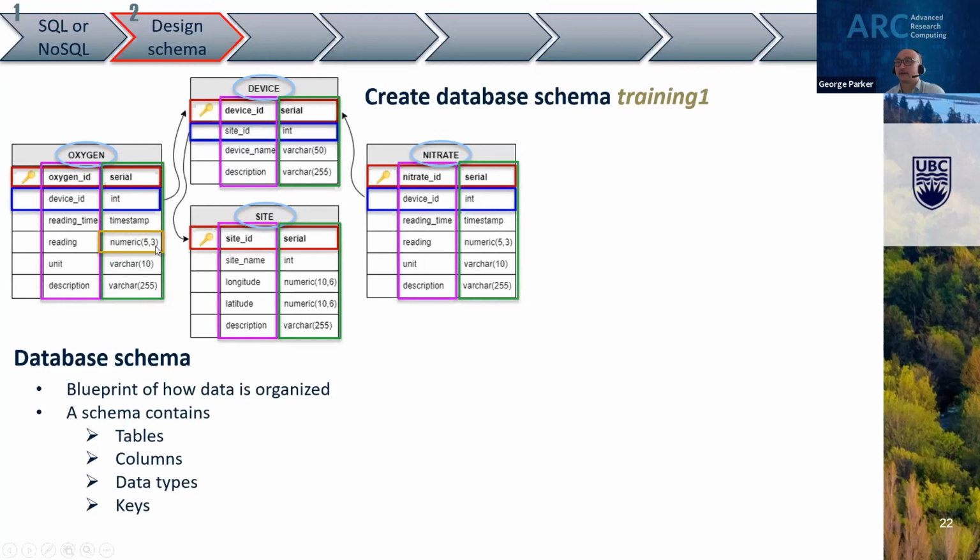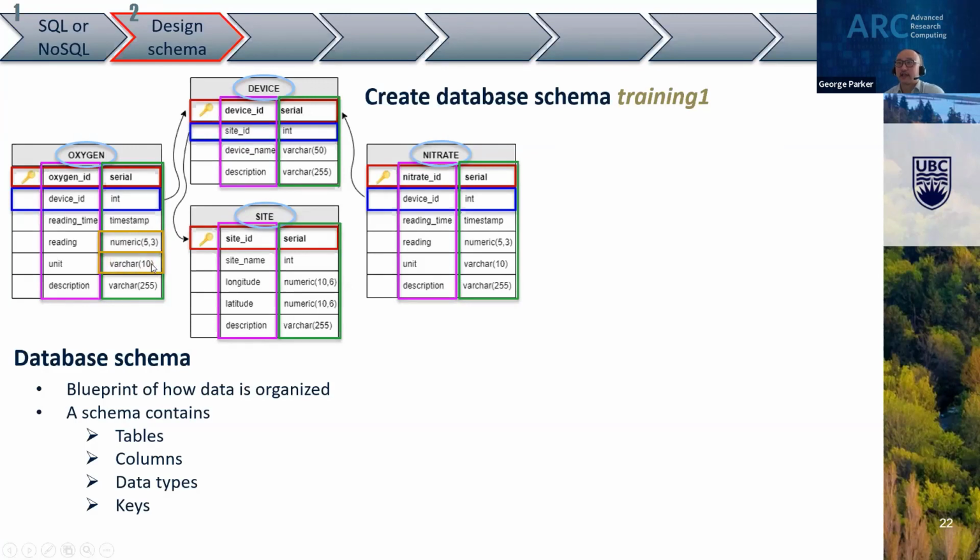The reading gets numeric data type, but with 5,3. What's that? 5 is a precision. That means this numeric data value allows the maximum of 5 digits. And 3 is a scale, and that is the maximum number of digits in the fraction.